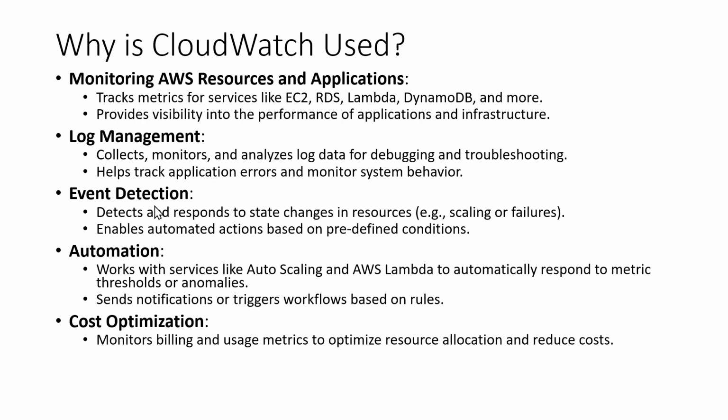And event detection. It detects and responds to state changes in resources. So what they are trying to say is, let us consider an EC2 instance where you have deployed your e-commerce application on one server, that is, one EC2 instance. It can handle 100 requests at a time.